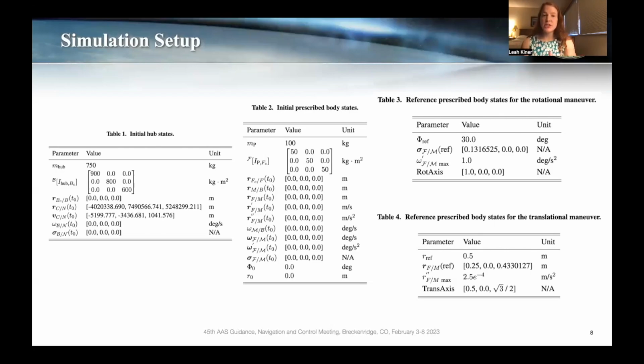And so essentially what each of these maneuvers is doing is we're applying a constant positive acceleration for the first half of the maneuver and a constant negative acceleration for the second half of the maneuver, so that we arrive to our reference state with 0 residual angular velocity or linear velocity.